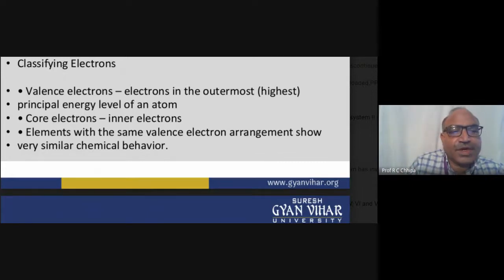So the core electrons in nitrogen are the inner electrons. And the valence electrons are the outermost electrons. So 5 electrons are there, but the valency of nitrogen is 3. So in the outer shell, 2 plus 3, 5 electrons remain.